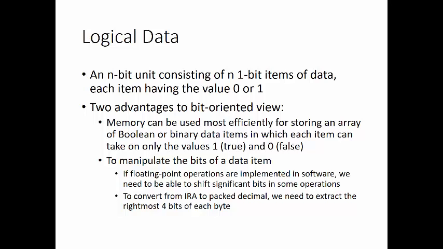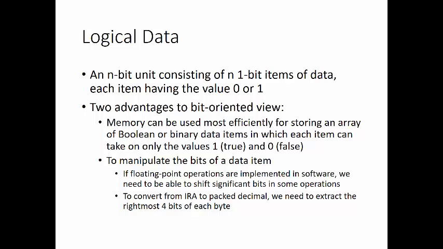Normally each word or addressable unit, byte, half word, or so on, is treated as a single unit of data. It's sometimes useful, however, to consider an n-bit unit as consisting of n 1-bit items of data, each having 0 or 1. When data are viewed this way, they're considered logical data. And there are two advantages to this.